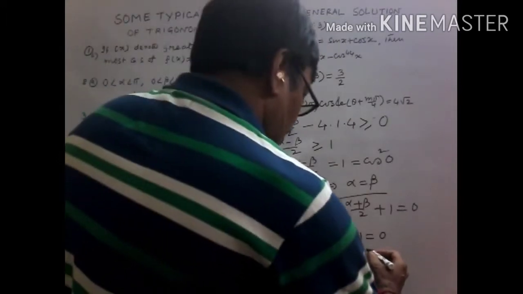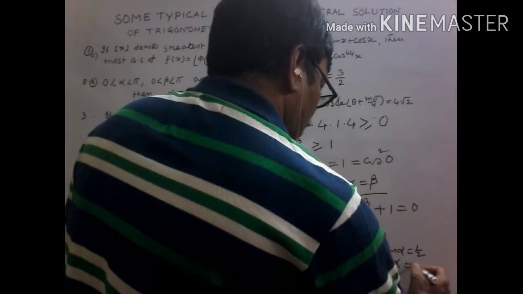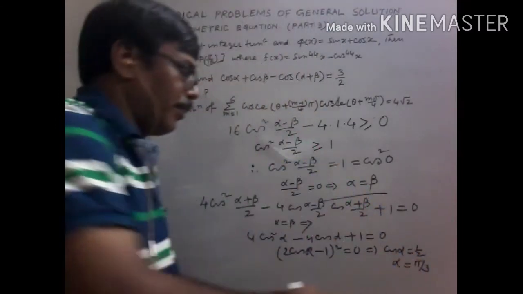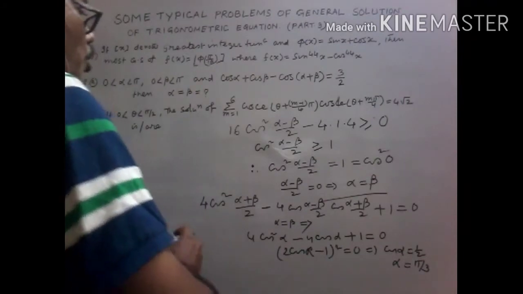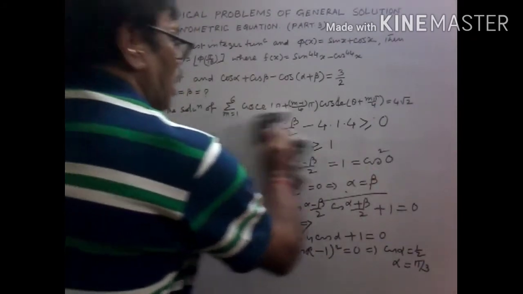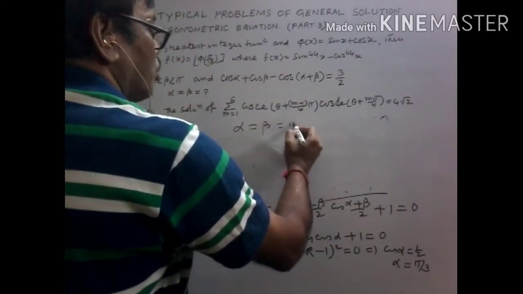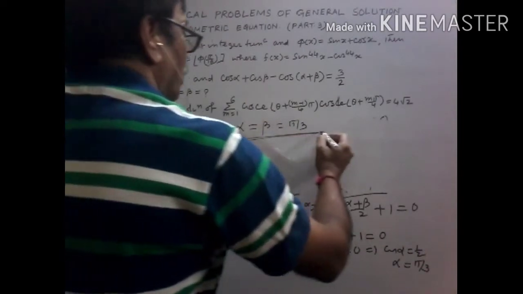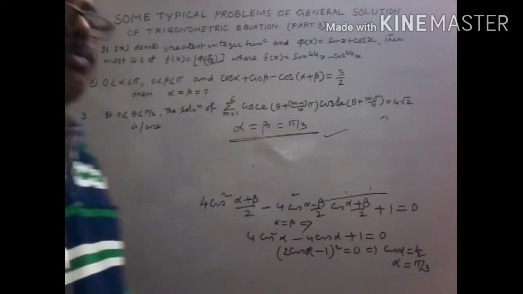So finally cos α equals half, that is α equals π/3. So α equals β equals π/3. So this is the solution lying between 0 to π.